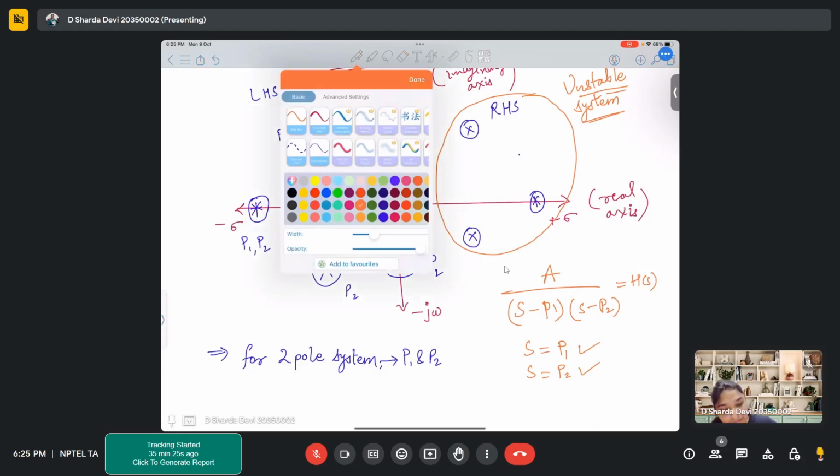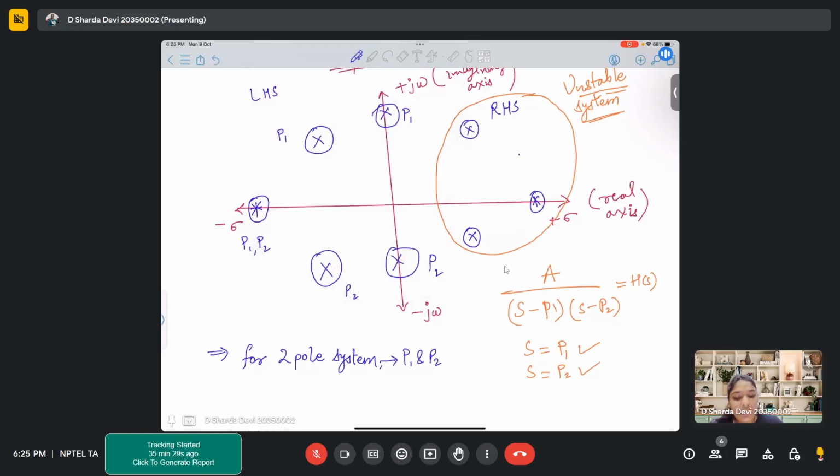Now, the poles which are only imaginary in nature, on the y-axis, will give you a marginally stable system.